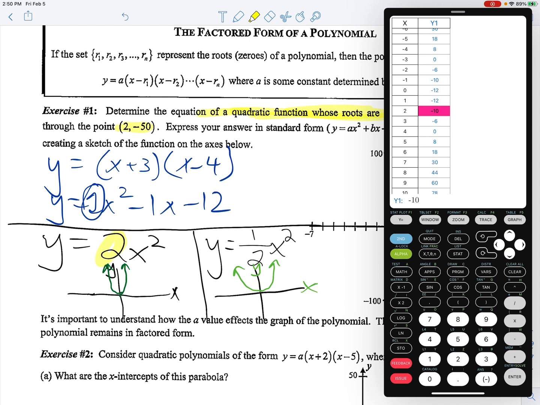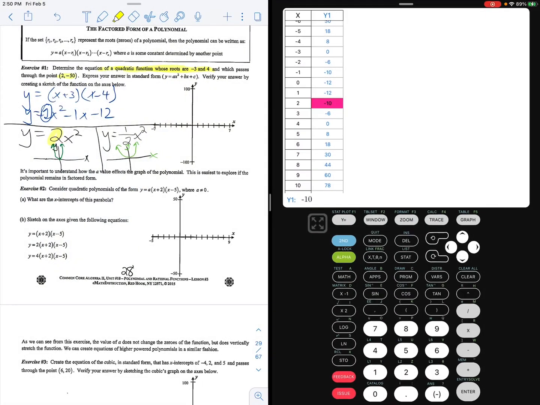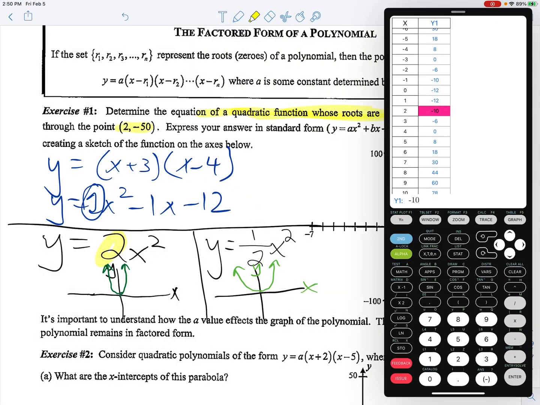And I can confirm this on the table. When x is equal to 2, y is equal to negative 10. So 2 comma negative 50 is not a point on x squared minus x minus 12, which means the leading coefficient of this parabola is not 1.